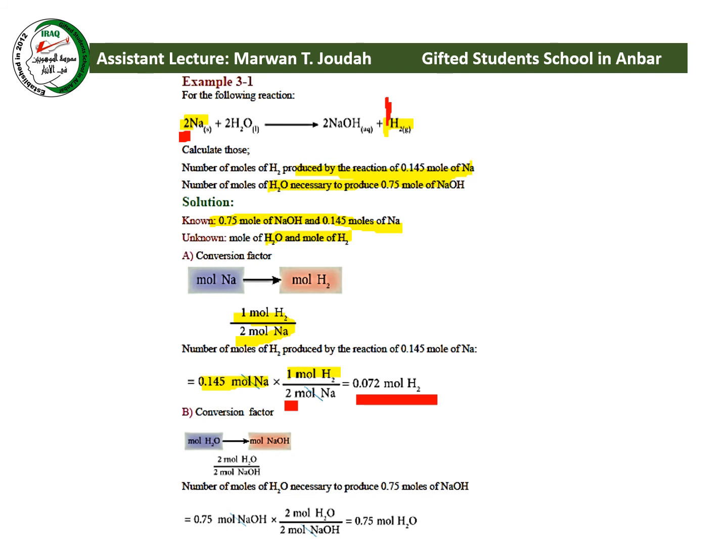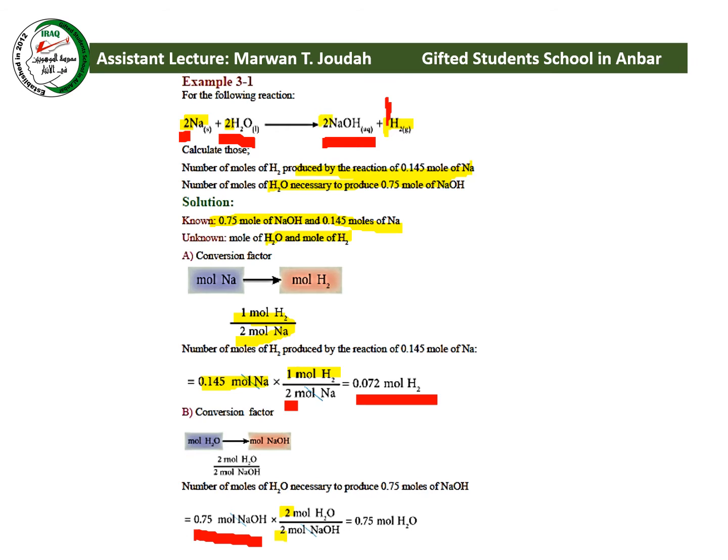Now, for the second one, we will depend on the number of moles of NaOH to calculate the number of moles of water. The same method: we have 0.75, the number of moles of NaOH, times 2, the number of moles of H2O in the equation, over 2 moles of NaOH, sodium hydroxide, which is also given in the equation above.